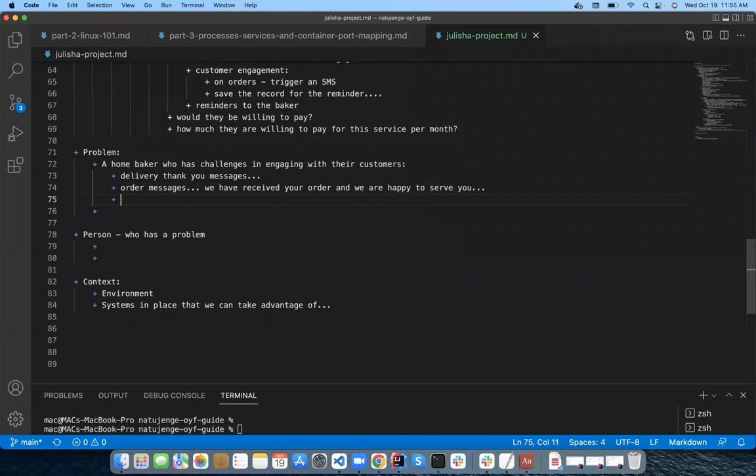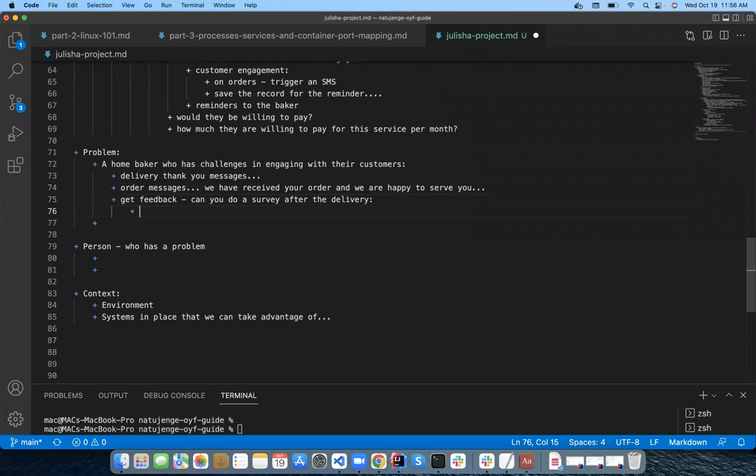What else? Yes, so we also need to get feedback. Can you do a survey after the delivery? This is something that we can build. So they just go and give us a score, after sales survey.